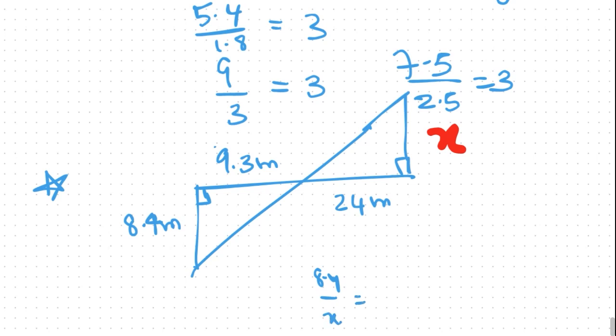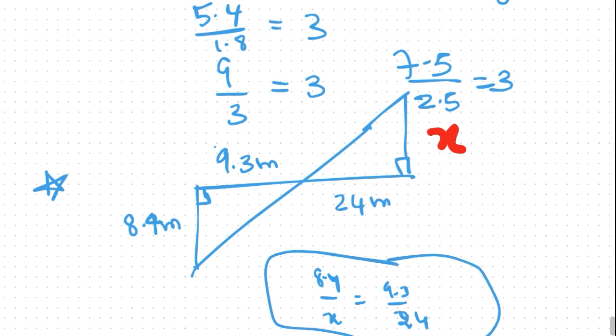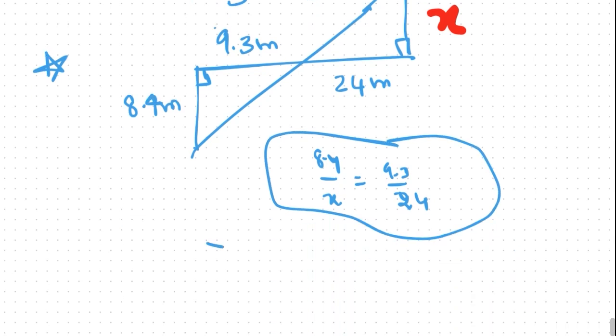But to do this, before we have to confirm the triangles are similar or not. So how do we confirm that? To see if the angles are all similar.